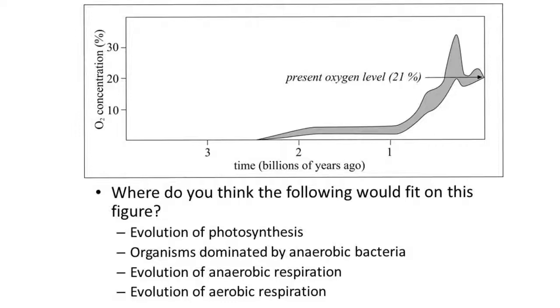Okay, so this is oxygen levels, which have changed over the course of our Earth's history. Just for review, what's the equation for photosynthesis? See if you can remember with your neighbor.